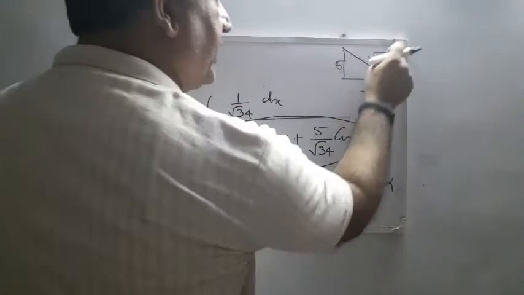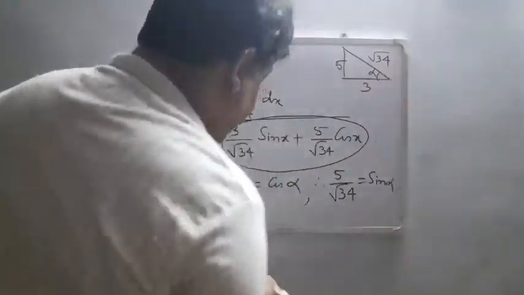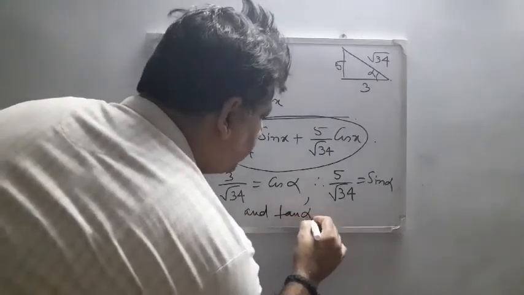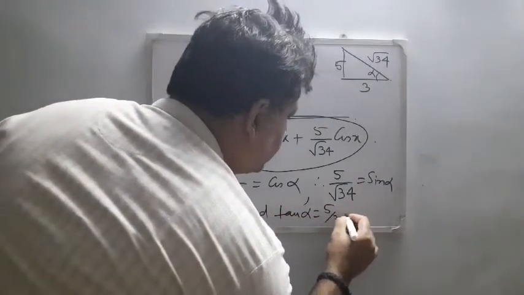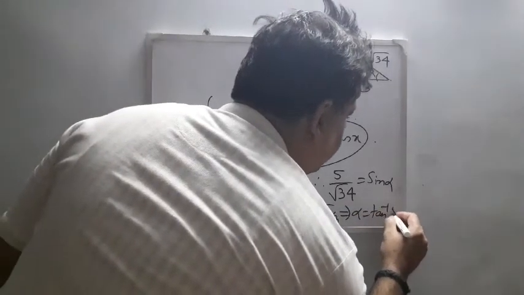So if cos alpha is 3 by root 34, sine alpha becomes 5 by root 34. And what about the value of tan alpha? Tan alpha is equal to 5 by 3, which implies alpha is equal to tan inverse 5 by 3.